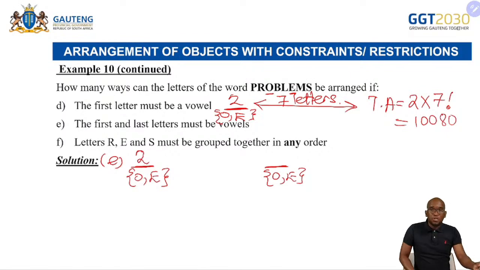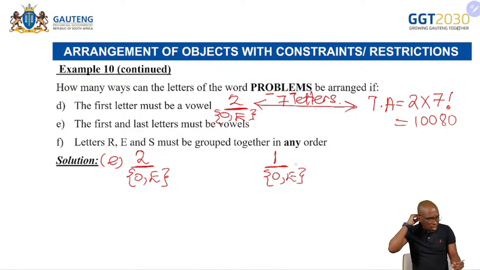We have 2 options. If the last letter must be a vowel, now that you've used a vowel in the first position, you now have 1 less vowel. So here you would have 1, because if you've used an O here, then you will be left with only an E in the last position.